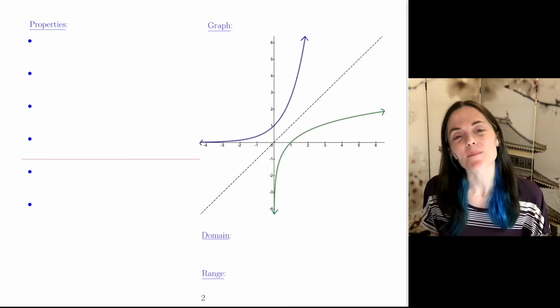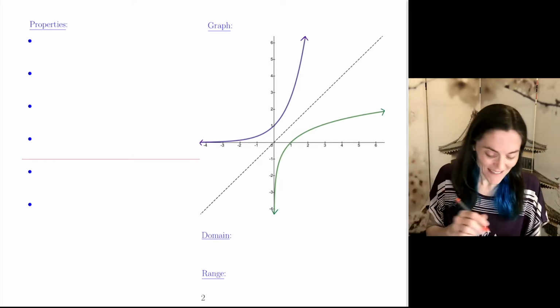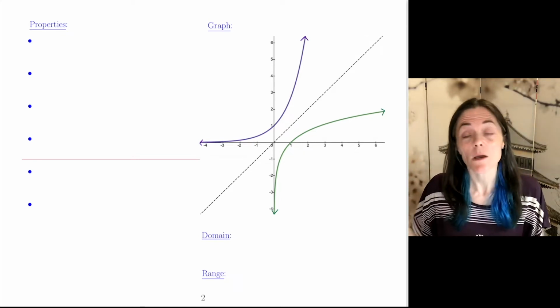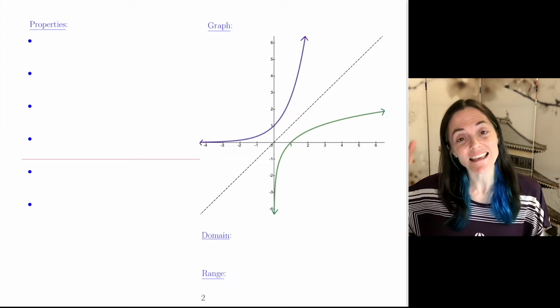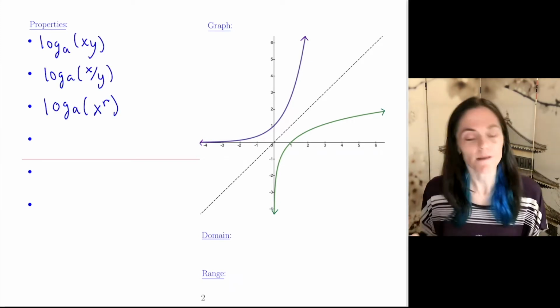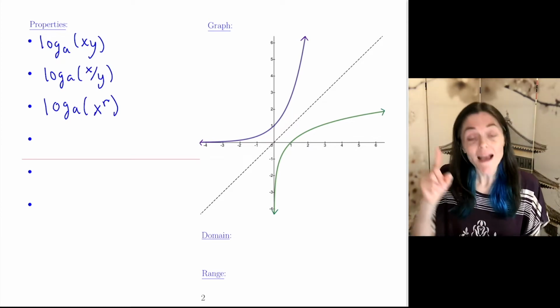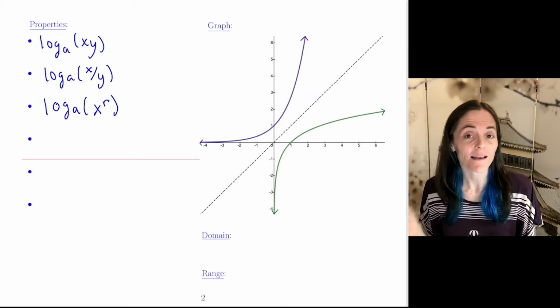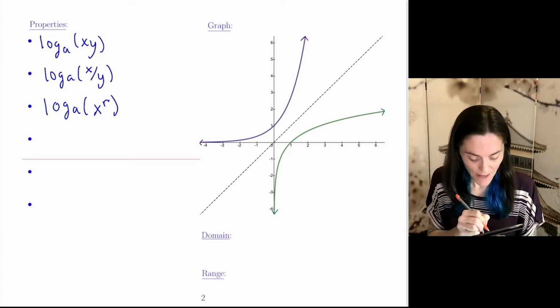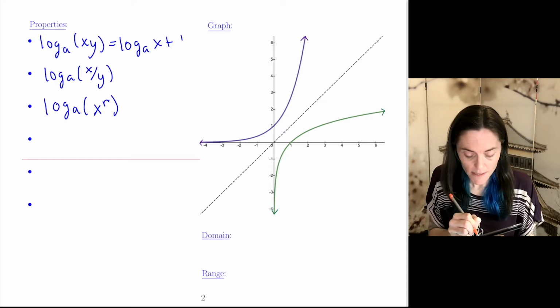Let's talk about some properties of logarithms. These properties are so important. Definitely, not only are they important, they're also easy to mistake and confuse with other things. So I'll start with these three, and then we will say a few others. When you have a product on the inside of a log, this turns into a sum. So this will be log base a of x plus the log base a of y.